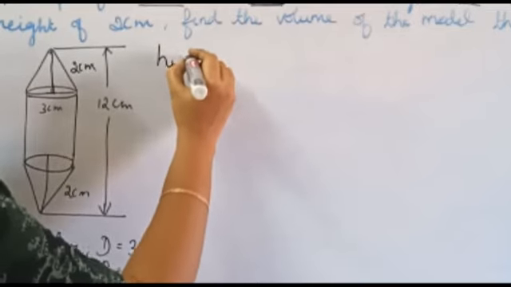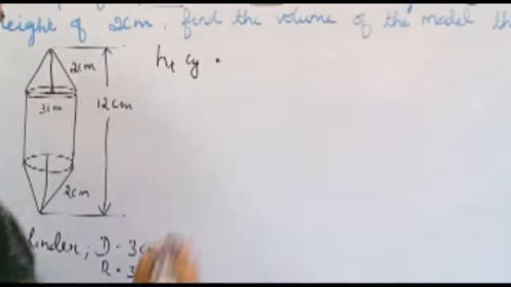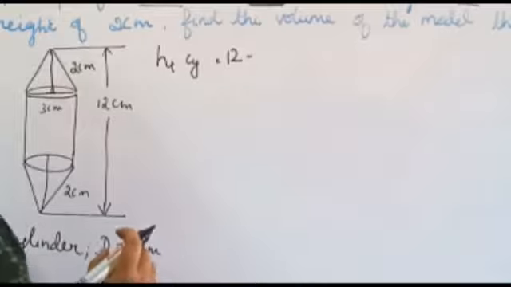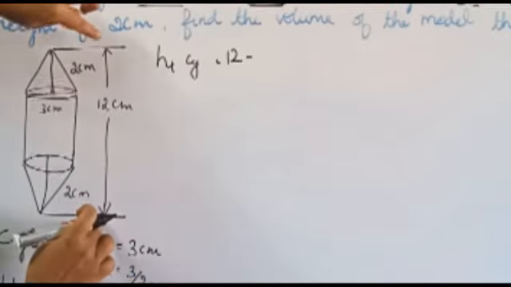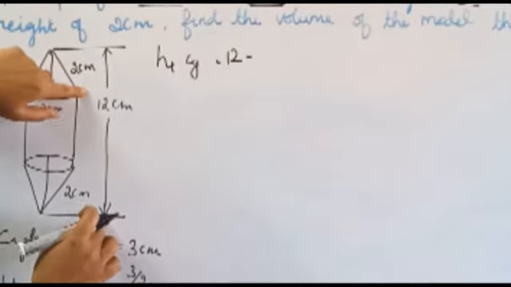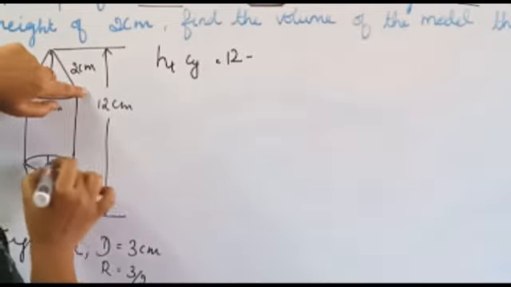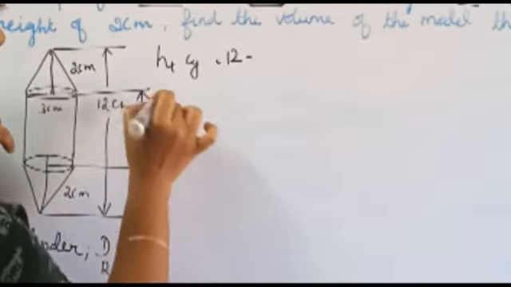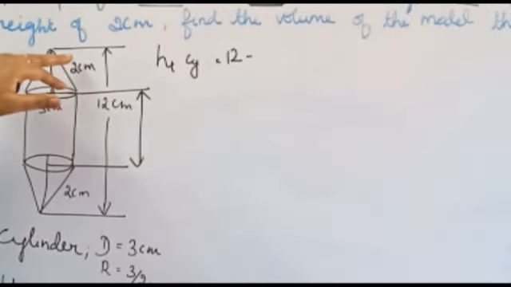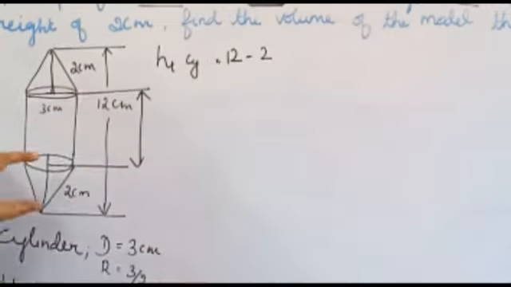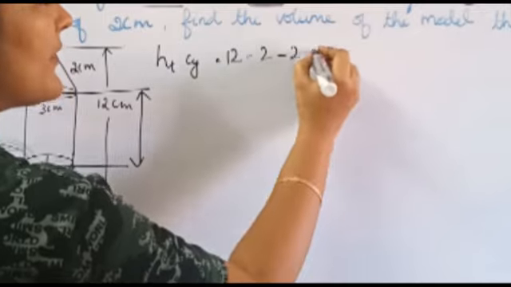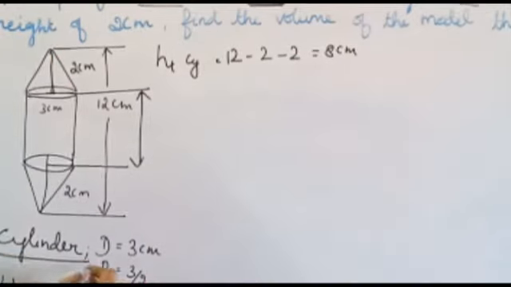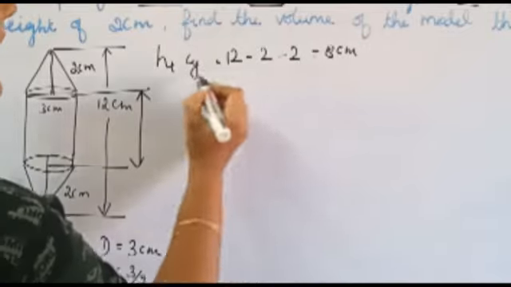Height of the cylinder is equal to the height of the model, 12 centimeters, minus, from this 12 centimeters, if you reduce this 2 centimeters and this 2 centimeters, you will get the height of the cylinder. Correct? So 12 minus the height of the top cone, 2, and the height of the bottom cone, 2, will give you 8 centimeters. For the cylinder we found the radius and height.